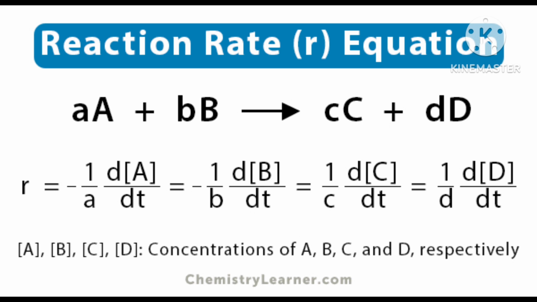The main reason is that organic compounds have many bonds. For example, this reaction that I told you, C12H22O11: 12 carbons, 22 hydrogens, and 11 oxygens are there in one molecule.